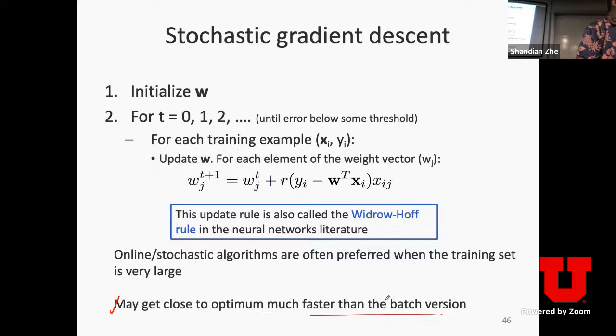Basically, we apply stochastic gradient descent by going through the training set one by one. Every time you look at one training example, you perform one update. So after one pass of the training set, you have performed as many model updates as there are training examples.